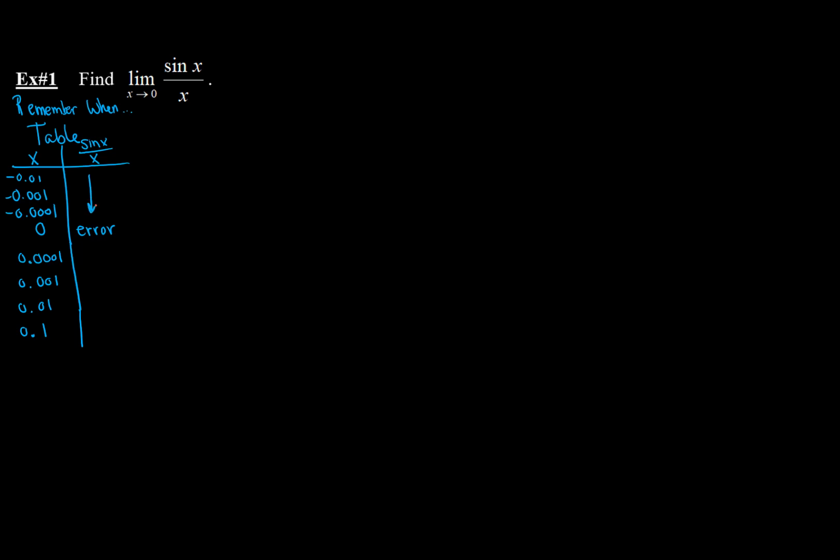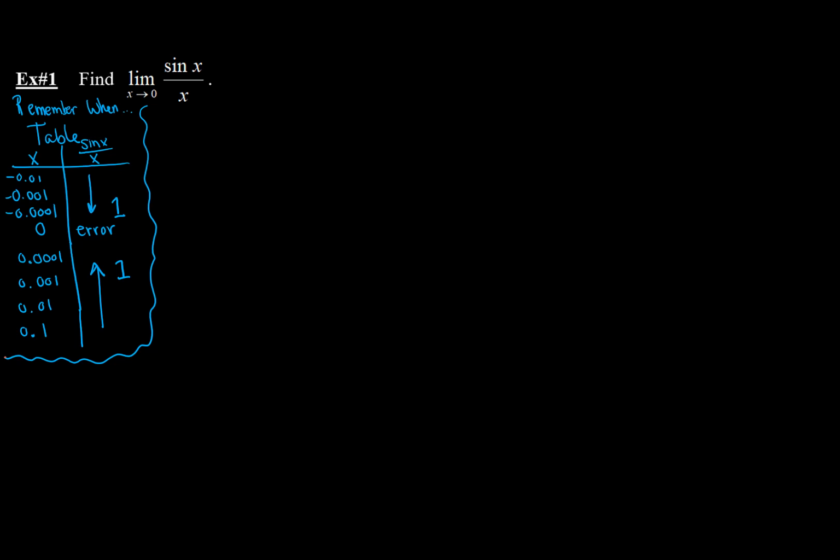We looked at these values and used them to determine that it's approaching 1. Both of these were approaching 1 as we got close. So this is way back in the day, just a dreamland.